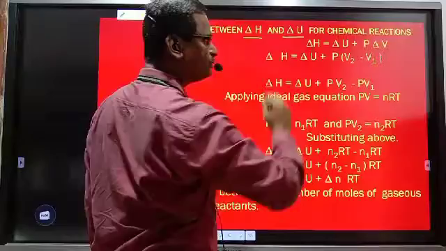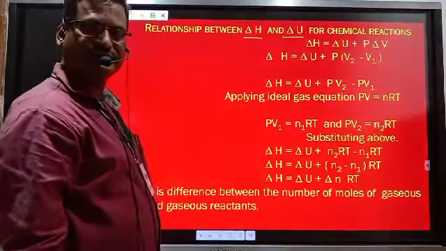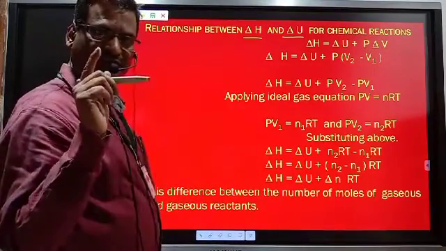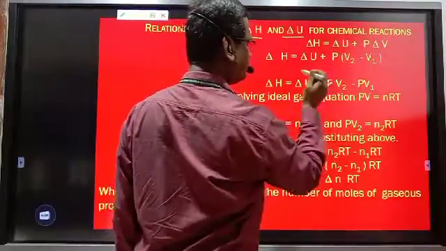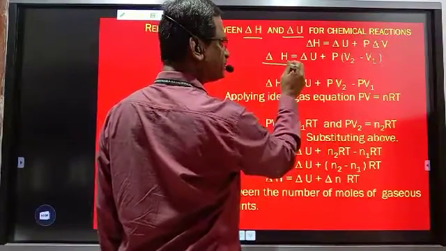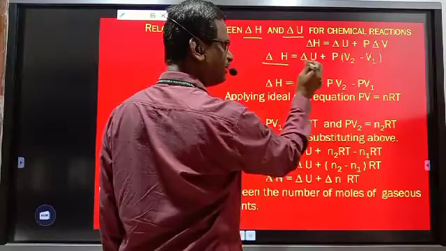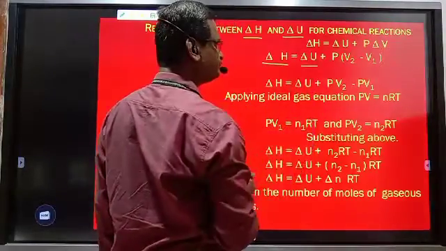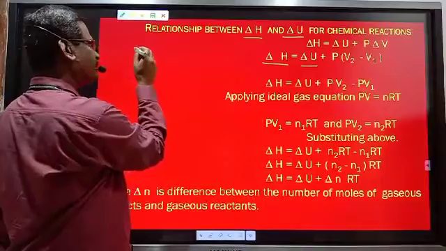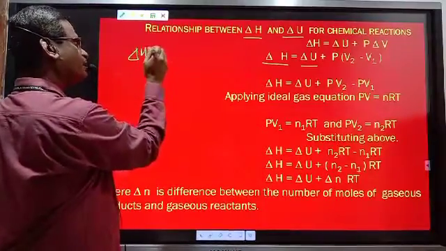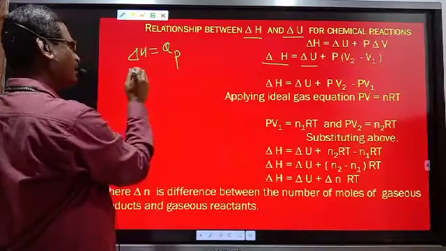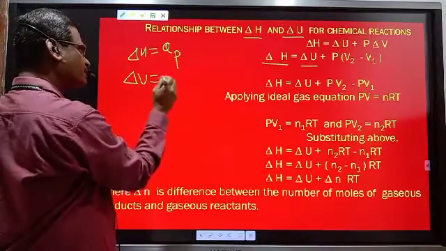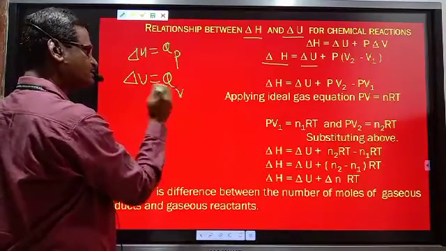Delta U is the change in internal energy at constant volume. Delta H is equal to delta U plus P delta V, at constant pressure and at constant volume. See, delta H can also be replaced by Q at constant pressure, and delta U can also be replaced by Q at constant volume.